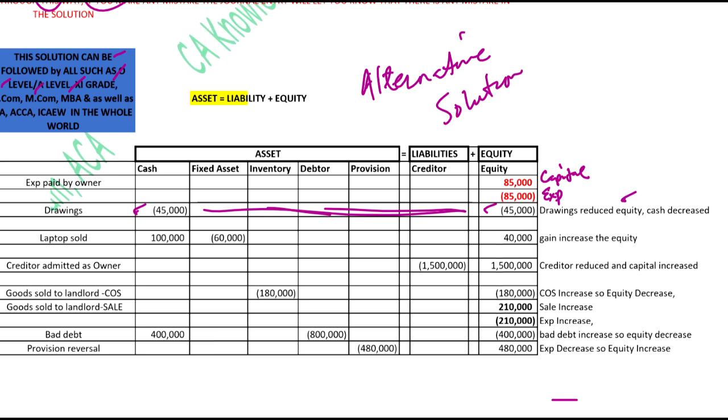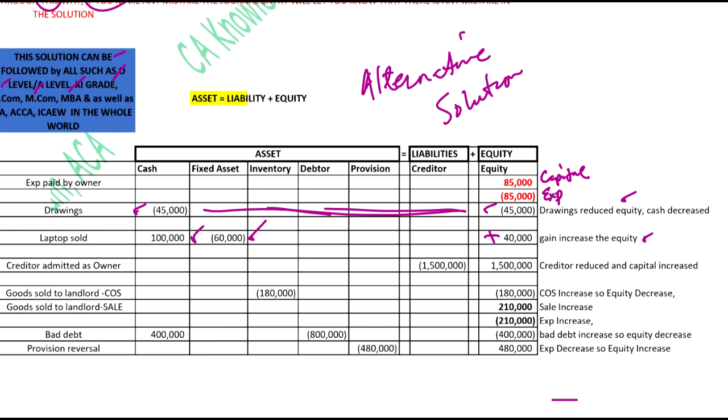Adjustment number 3. A laptop costing 250,000 having book value of 60,000, fixed asset reduced with 60,000, cash increased with 100,000, and gain increased the equity. So here also it is written as positive. In this way you will not be able to check whether you are going right or wrong.